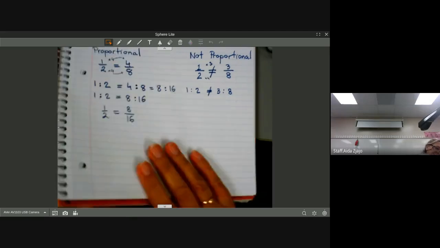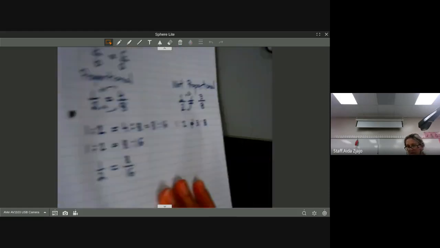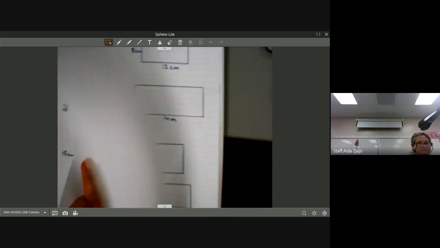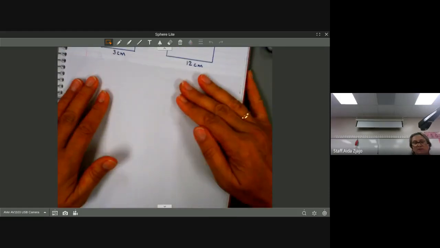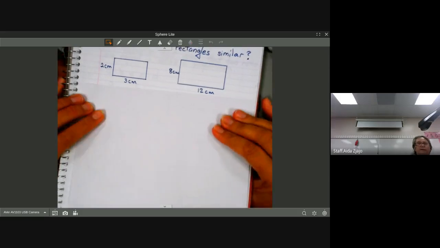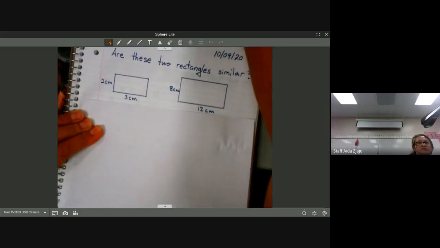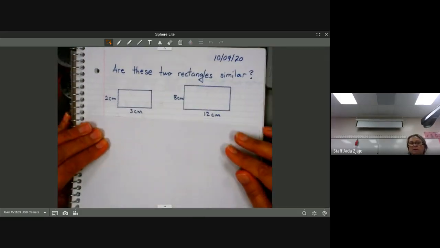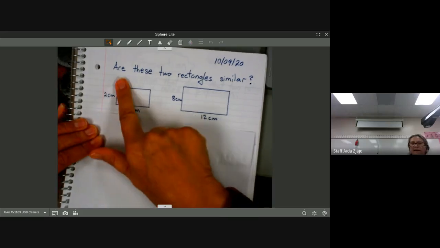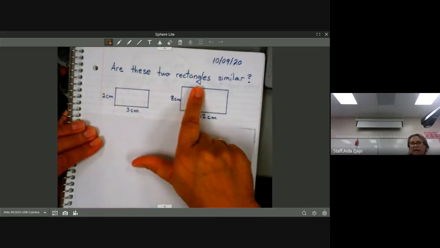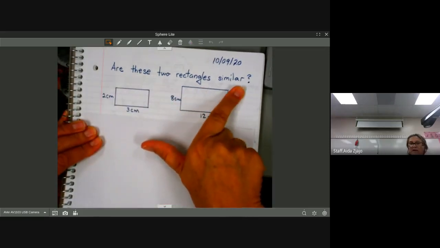So I drew some of them. I'm going to give you another way that you can look into it now. Okay, let me just move this. Okay, so write it down. Are these two rectangles similar? They're not the same.